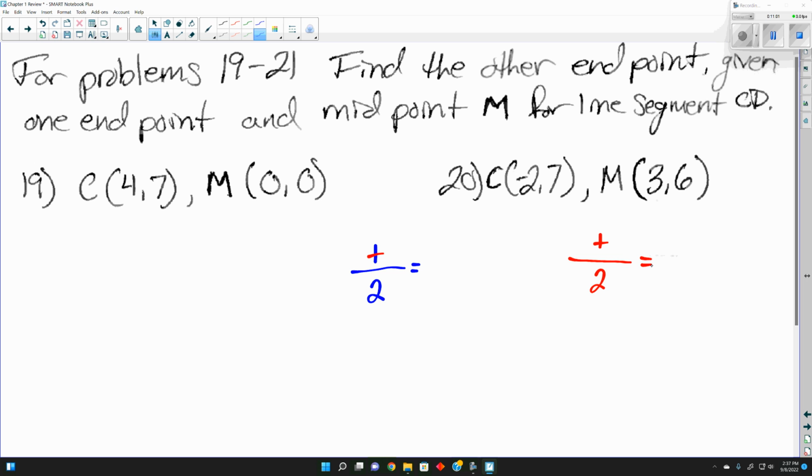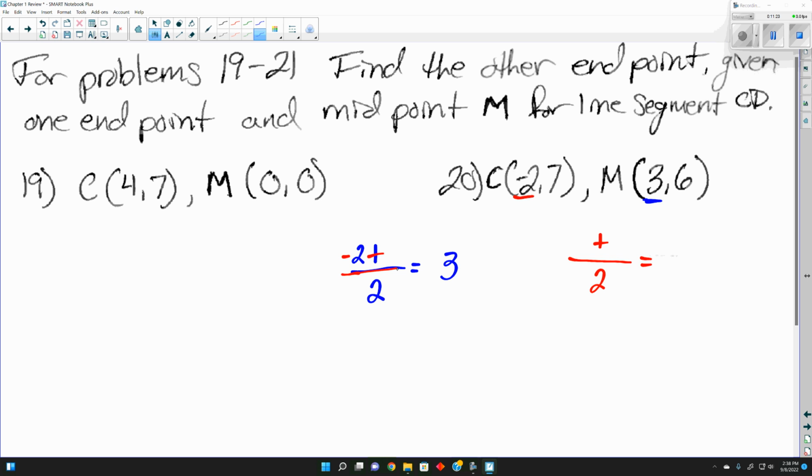Here, they told us what the x value of the midpoint is. It is 3. And they told us one of the endpoints is negative 2. And again, I would read the directions just to make sure, because it will tell you in the directions which one's the endpoint, which one's the midpoint.